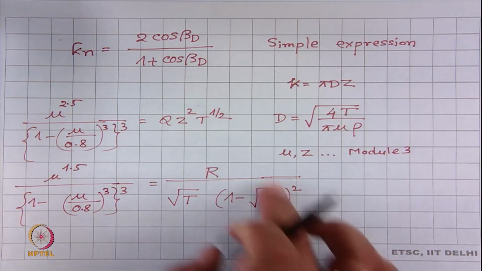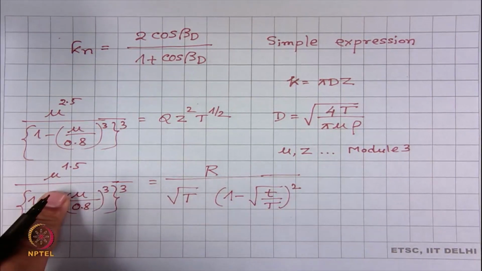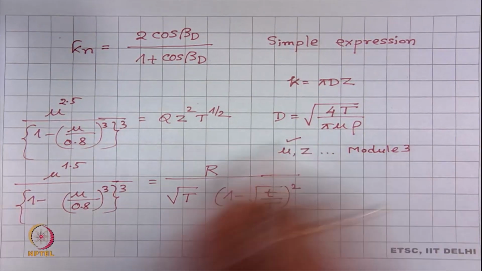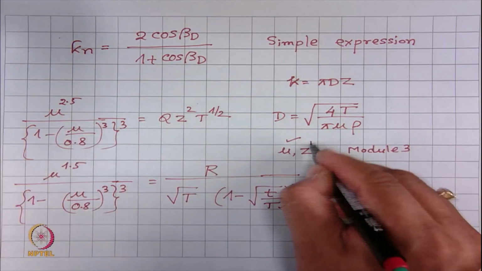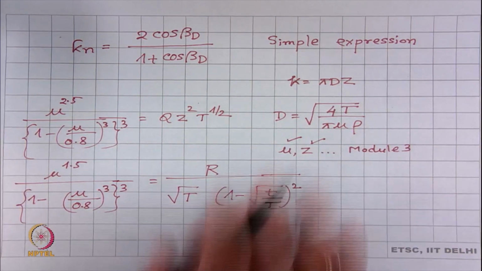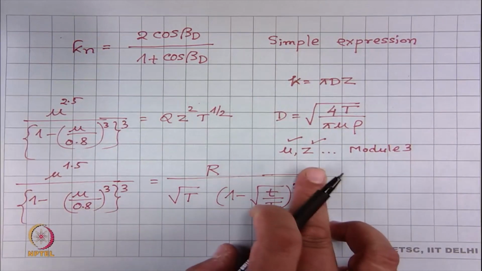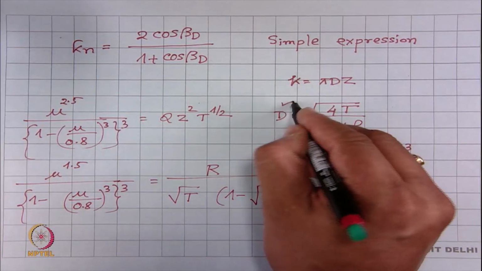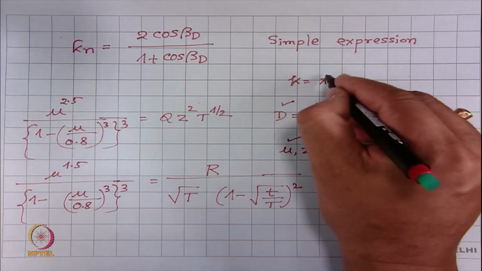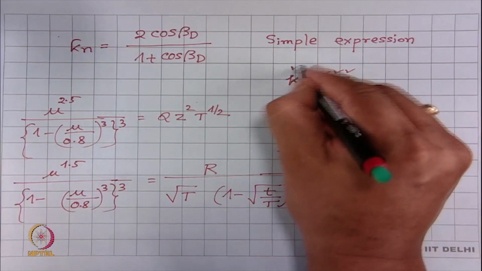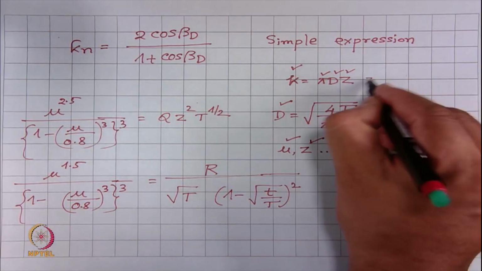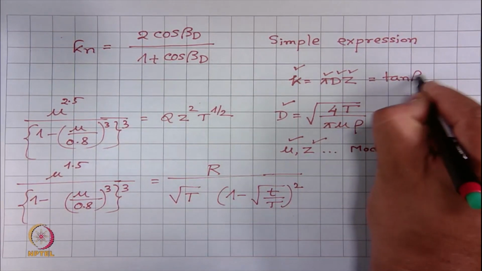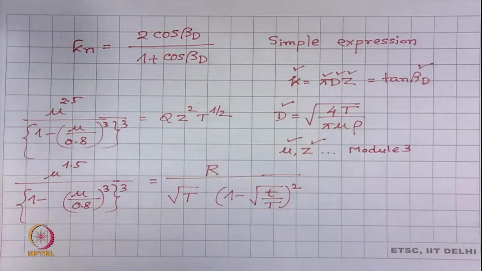How? First we will find out this value, then the corresponding mu value. This mu value we will substitute here, then find the corresponding z value. So, theoretically we will be able to determine mu and z, then d, then pi dz kappa. That is equal to tangent of beta d, so we can determine beta d.